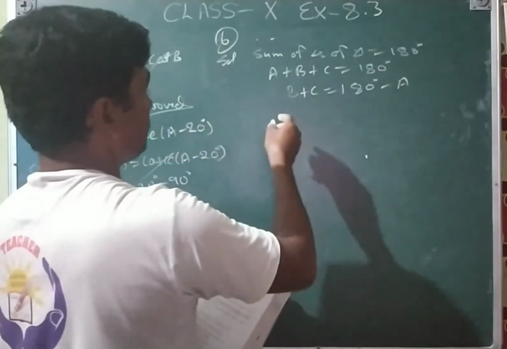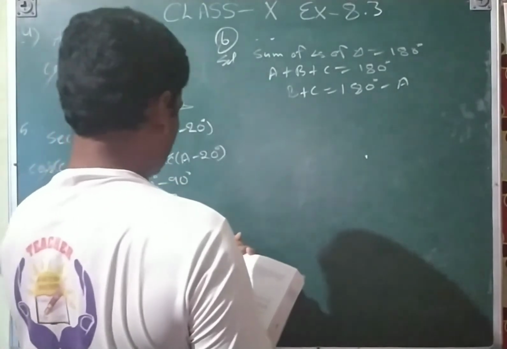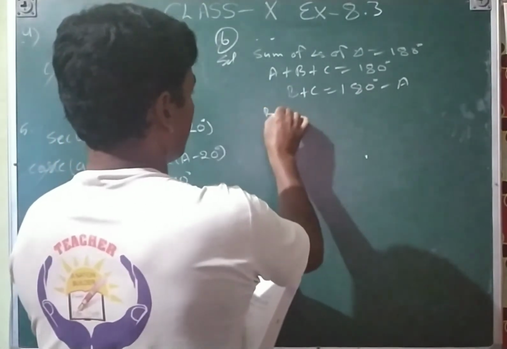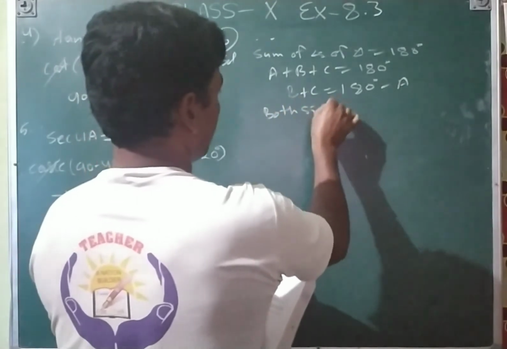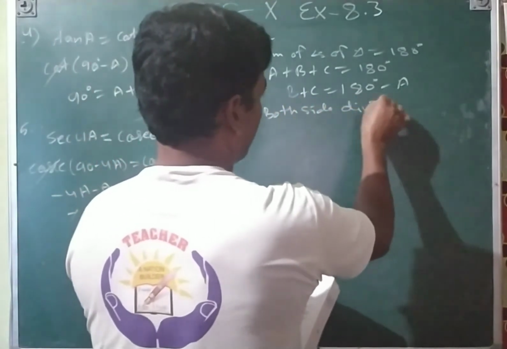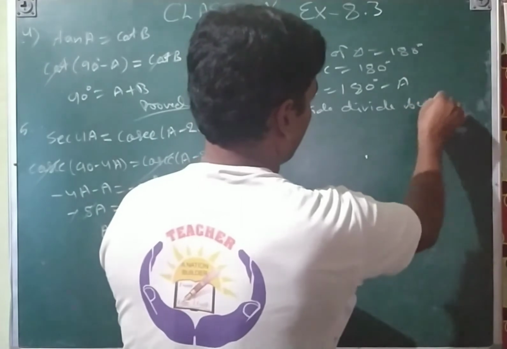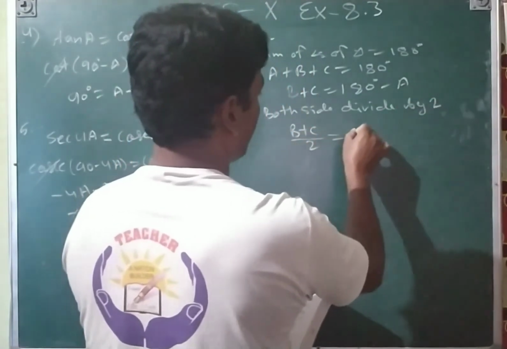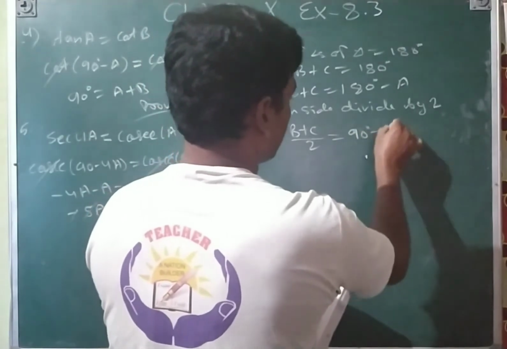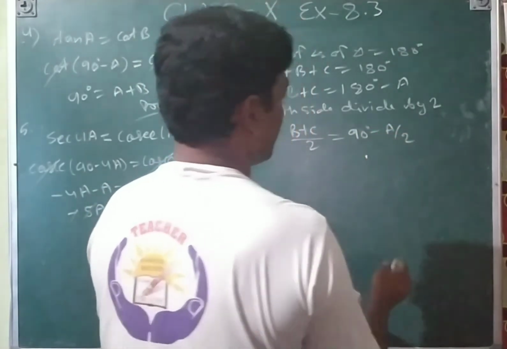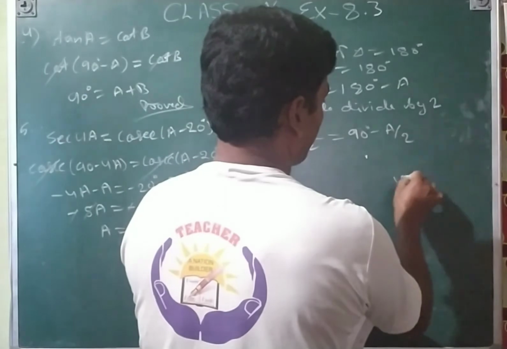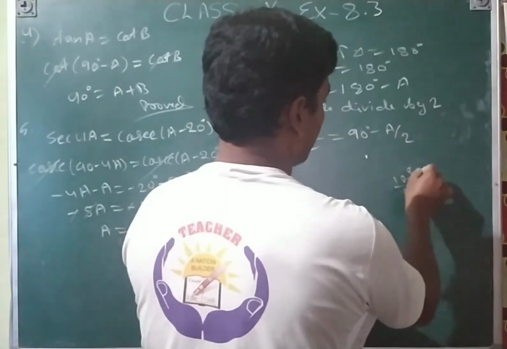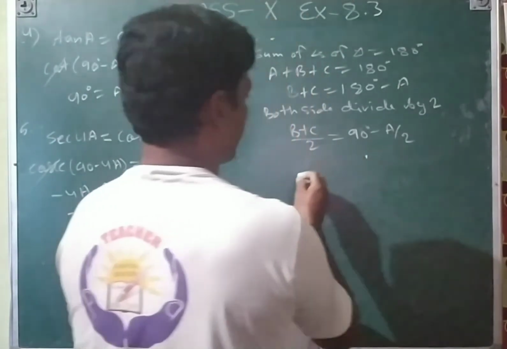Now upon 2 is also there, so divide both sides by 2. So (B plus C) upon 2 will be 90 minus A upon 2. Why is it 90? Because 180 upon 2 is 90.